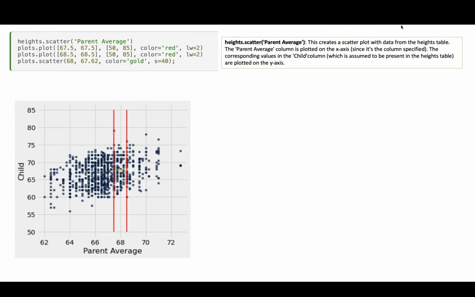So this is the breakdown of the code for you. The heights.scatter creates a scatter plot with data from the heights table. The parent average column is plotted on the x-axis, as you can visualize. And on the vertical axis, you have the child's height.